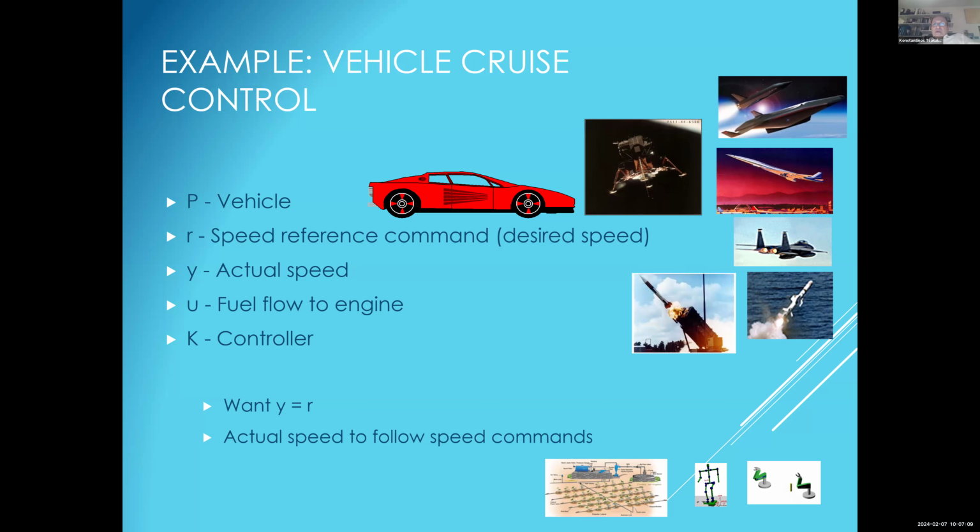There is an actual speed that we measure, and we manipulate the fuel flow to the engine by changing the position of the accelerator, and that's what the controller is doing. And again, you see several pictures from aerospace to robotics, which have provided some of the more, let's say, iconic applications of controls.